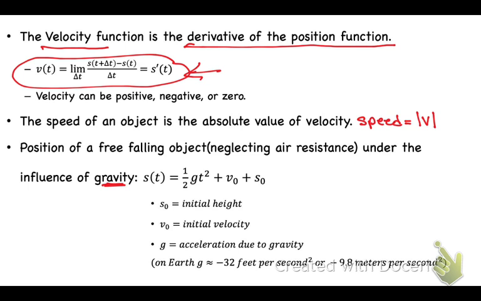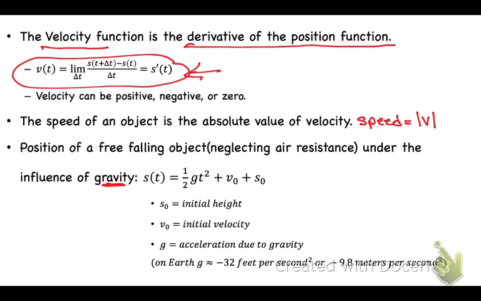So it's 1/2 g t squared plus V sub 0 t plus S sub 0. The 1/2 is always 1/2. It never changes. G is the acceleration due to gravity on Earth, negative 32 feet per second squared or negative 9.8 meters per second squared, depending on where you are in the world. Anything sub 0 means initial.